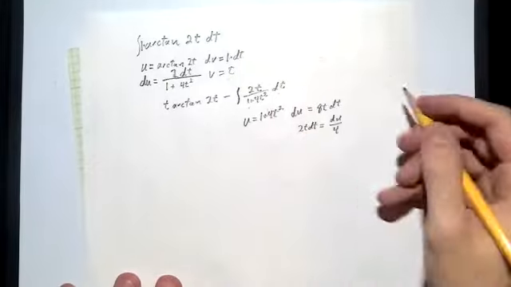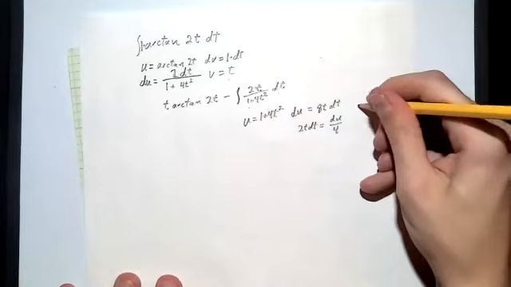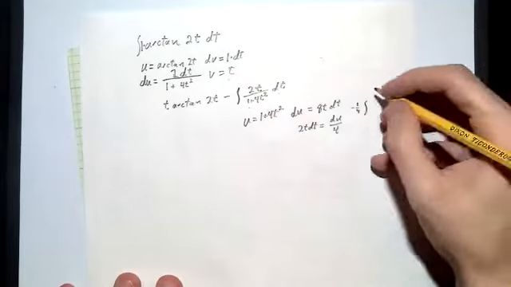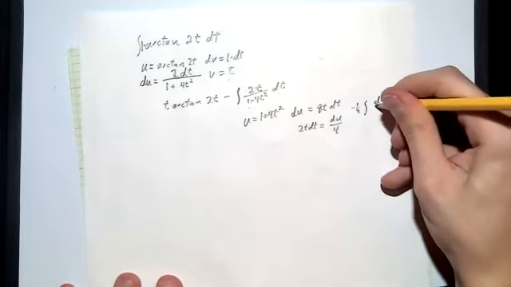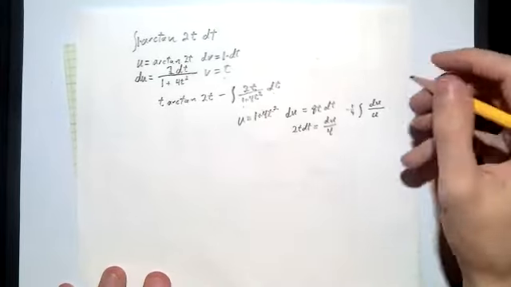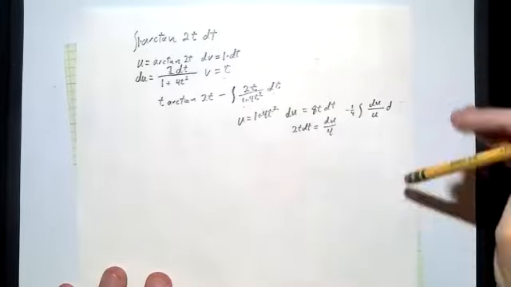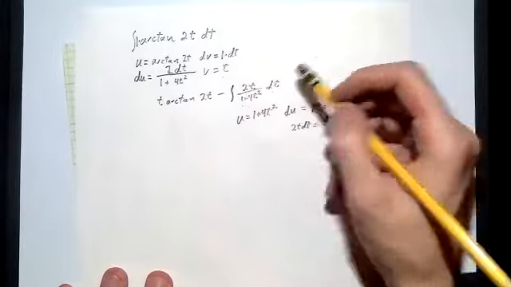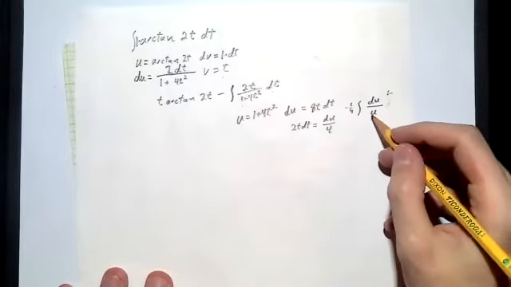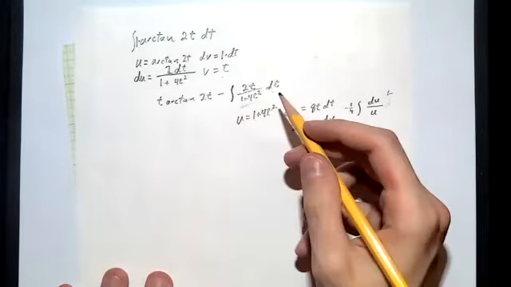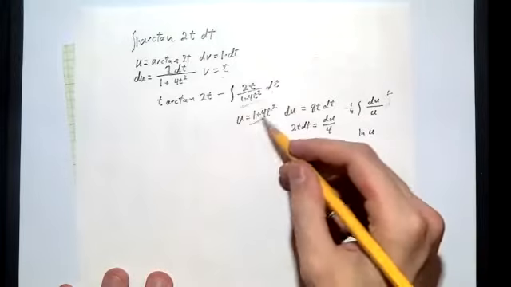So we get negative 1/4 integral of du over u. Oh wait, I already wrote the du. That's already substituted. So this is just natural log of u, and then we substitute that in.